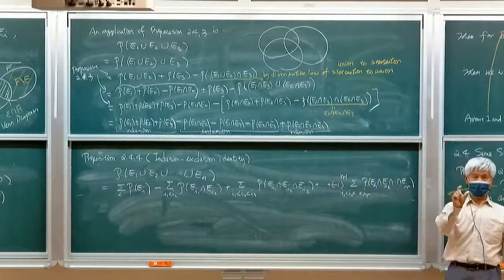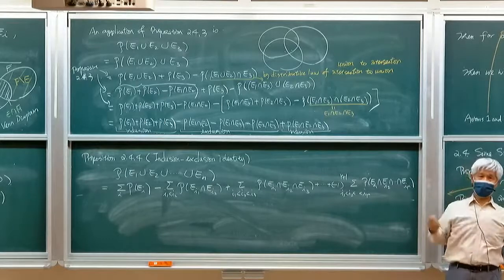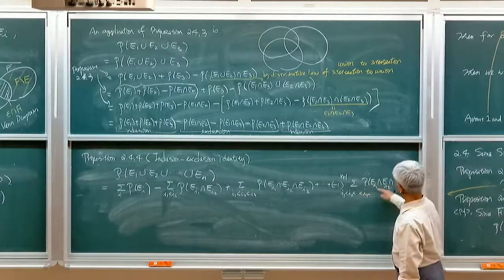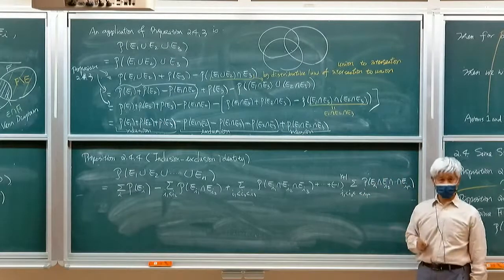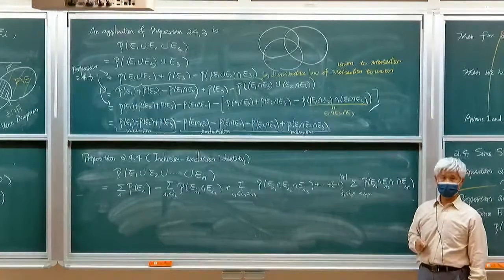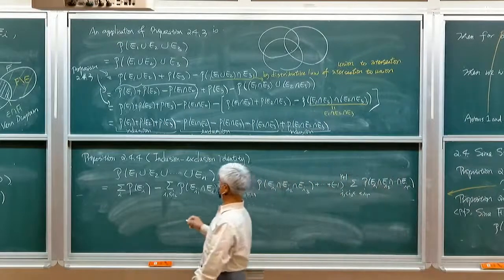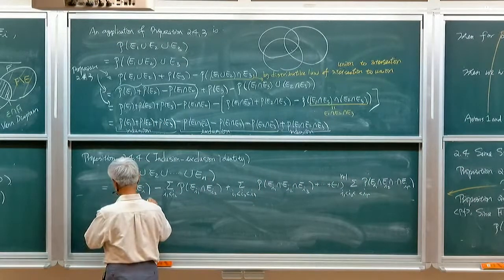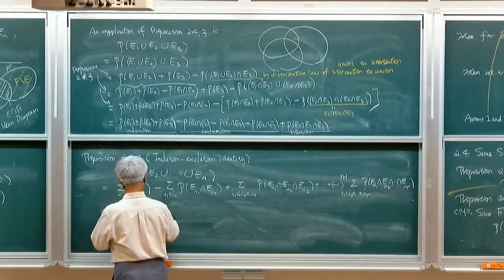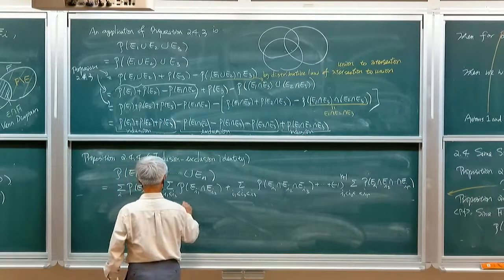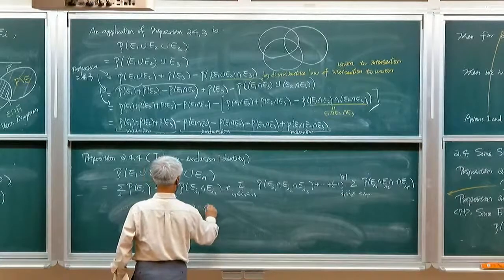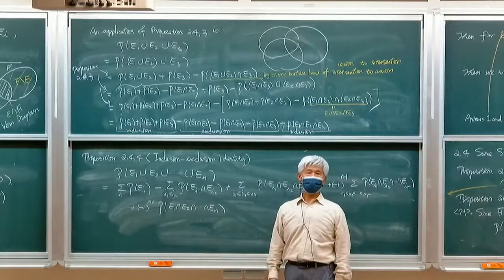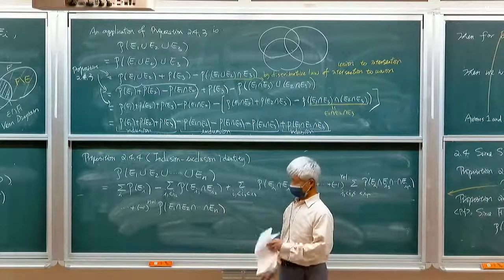So from the n events we select R events to form intersections. And so finally, this is (-1) to the n plus 1 times the probability of E1 intersect up to En. So you take all the events to make the intersection. This is the last one.